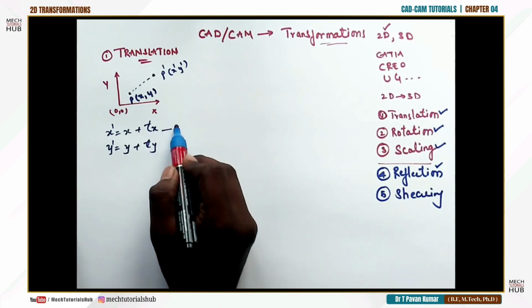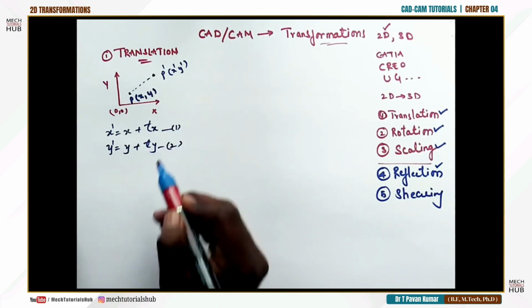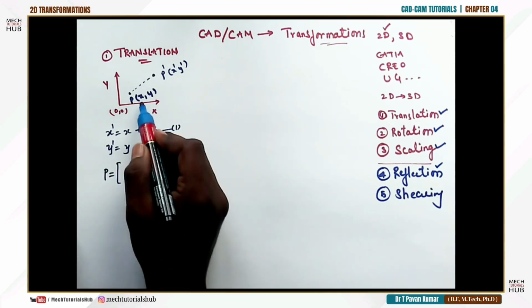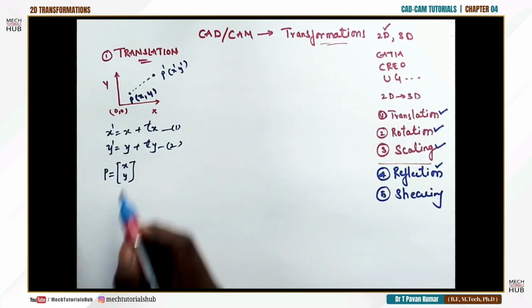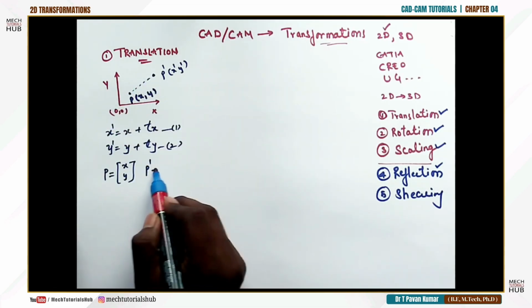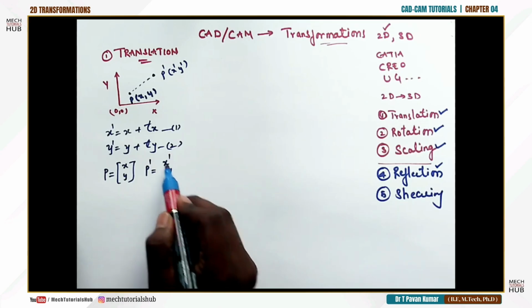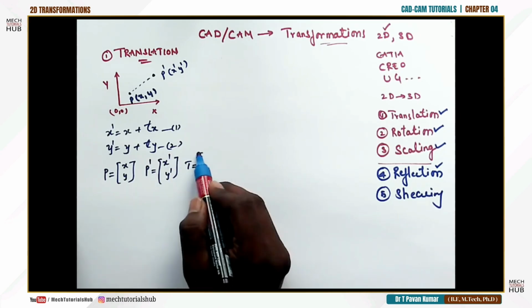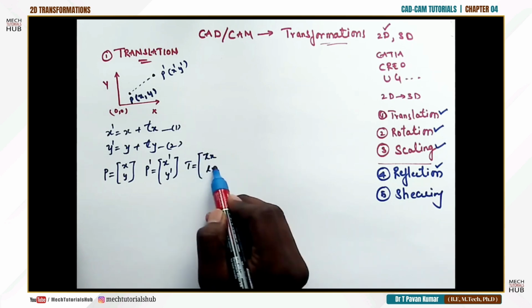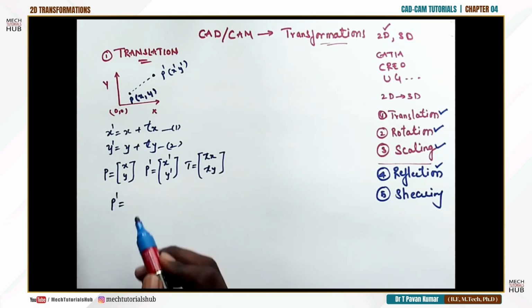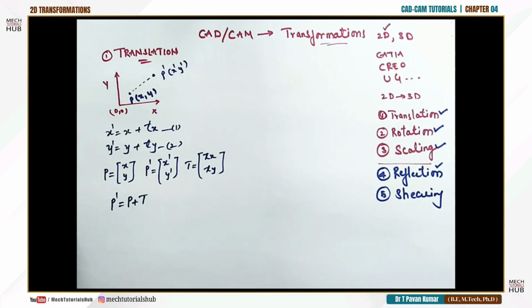If I consider this as equation number 1 and this as equation number 2, the same can also be written in vector or matrix form, where P is equal to x, y according to the sketch we have drawn, and P prime is equal to x prime, y prime. This is the new point. And what is the translation here? The translation is tx, ty. This can also be written as P prime is equal to P plus T. This is the final equation.